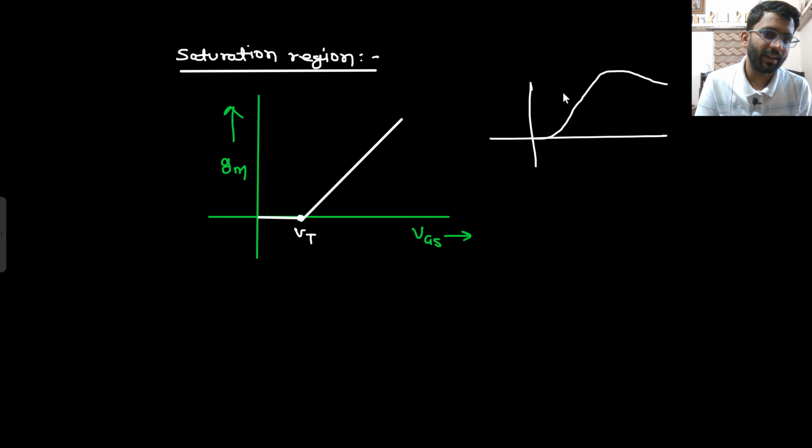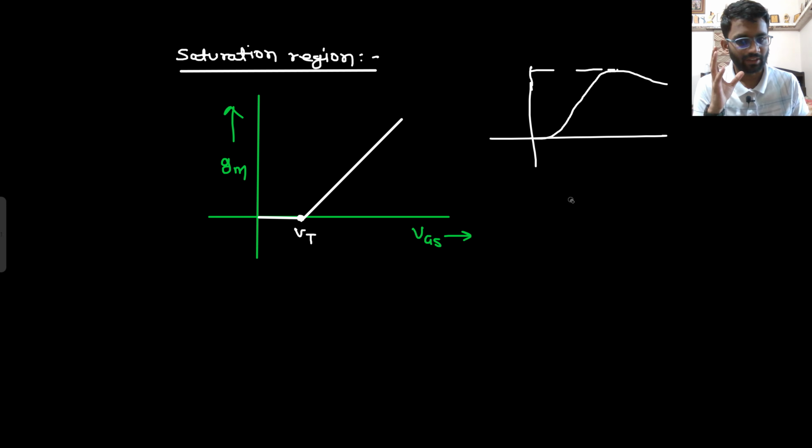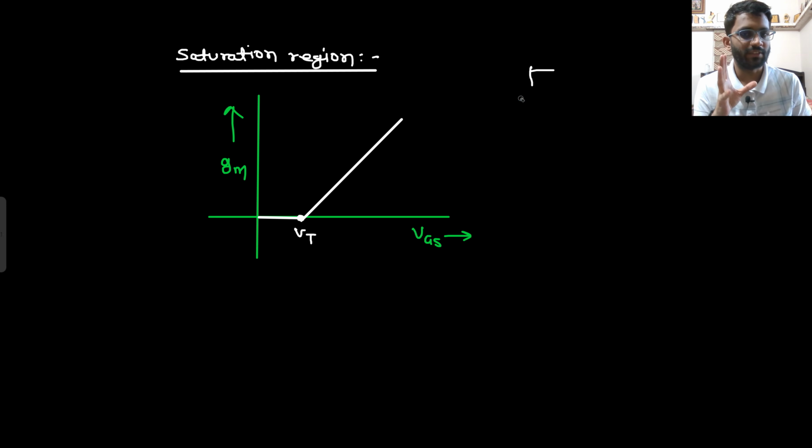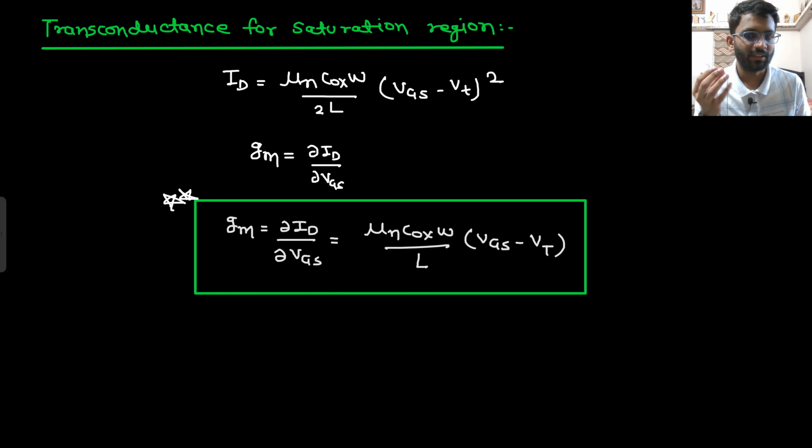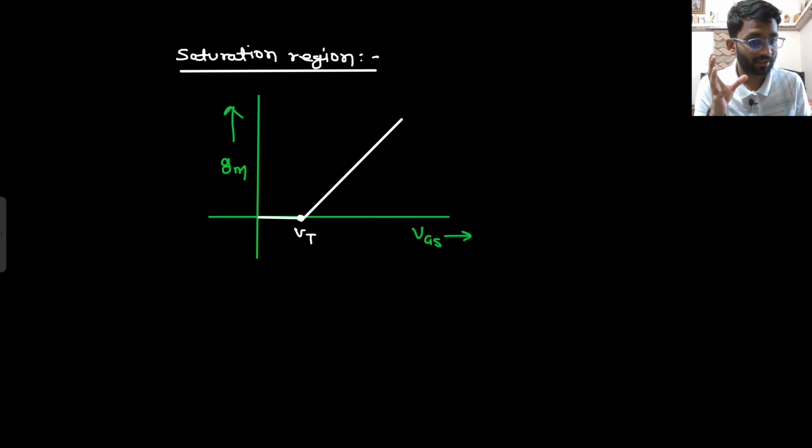We will study how and why it goes like this. Even the current expression will change. Something different will be happening, but this is not that important for the circuit analysis part.